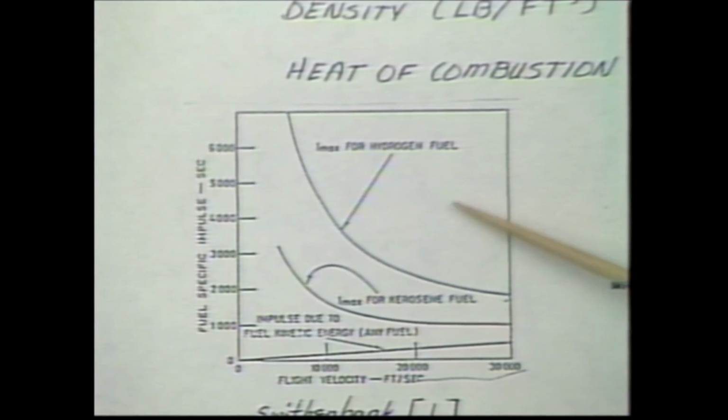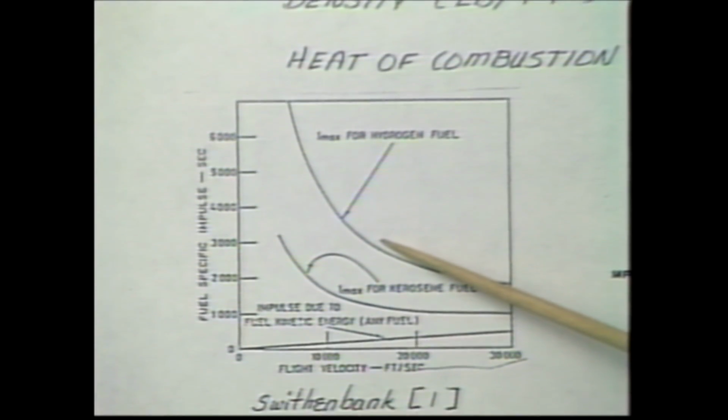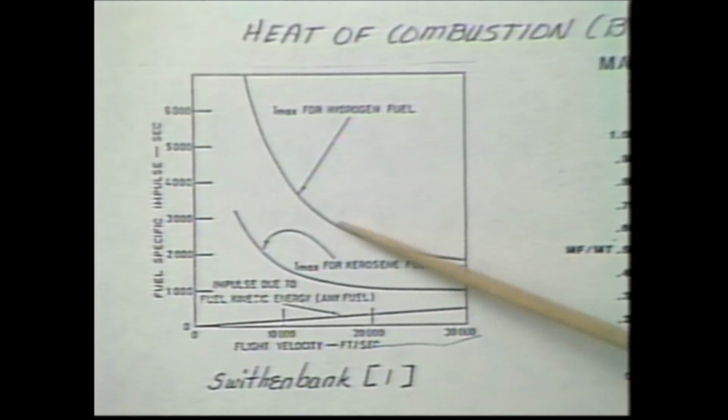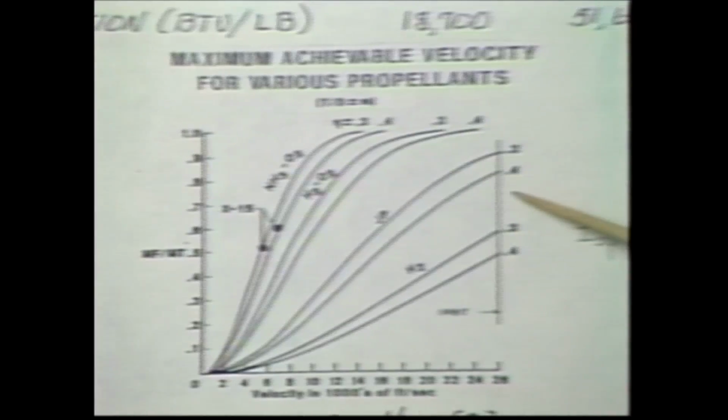Shown down here are ISPs of different fuels, showing you the theoretical limit. ISP, specific impulse, was already defined by Dr. Lewis, and it shows how much higher hydrogen can be theoretically. And then over here was some work that Jones and Donaldson did.